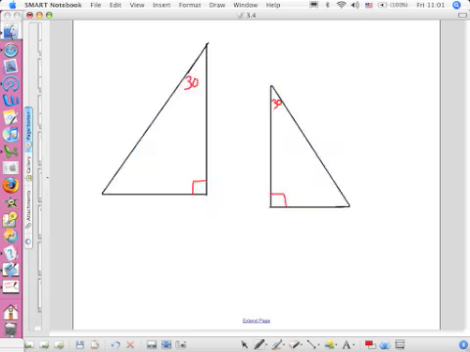We have a corollary that we need to learn. And this is what it says.